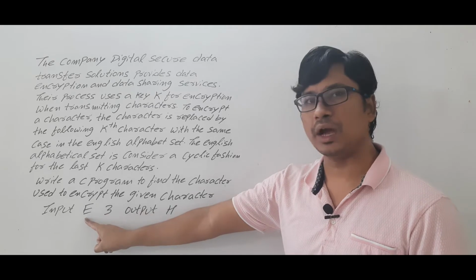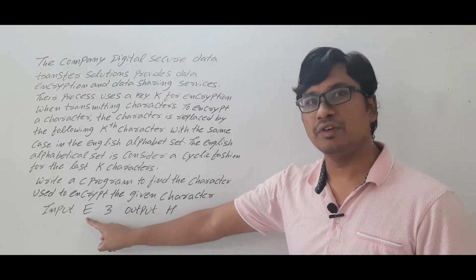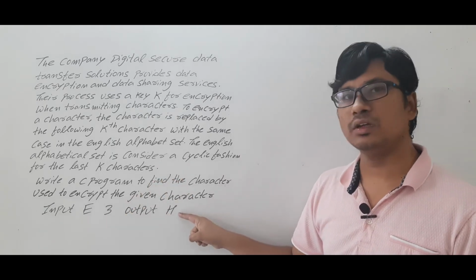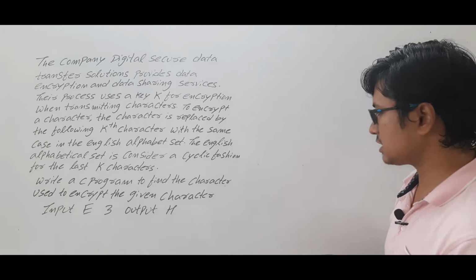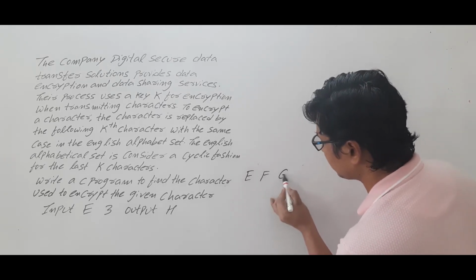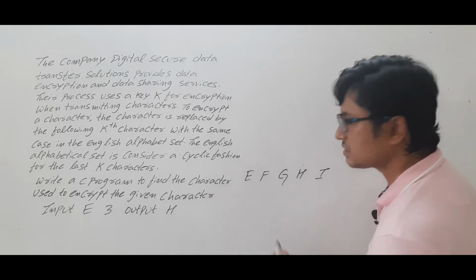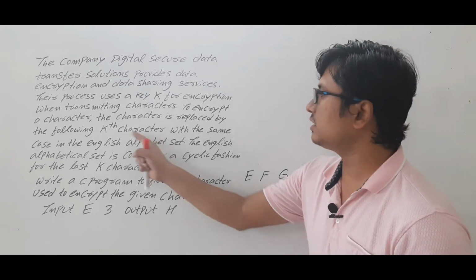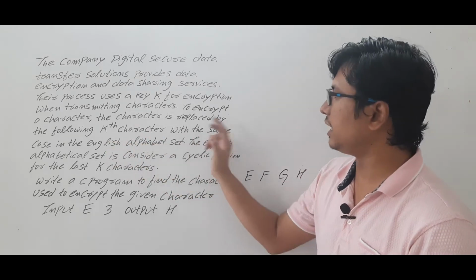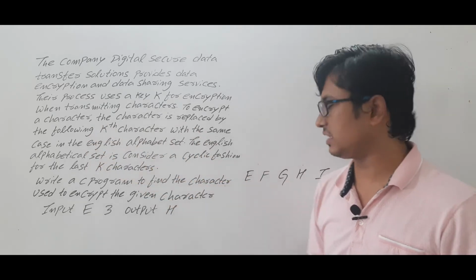Suppose let's take that you have given capital E and key as 3. From capital E you have to go for the third character. That is what your output. Look at here, I will explain. You have capital E, capital F, capital G, capital H, capital I. Your input is E. Now what they're telling, the following kth character will be replaced, meaning that to encrypt a character, the character is replaced by the following kth character.